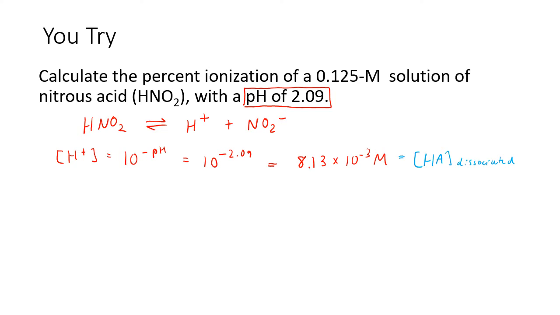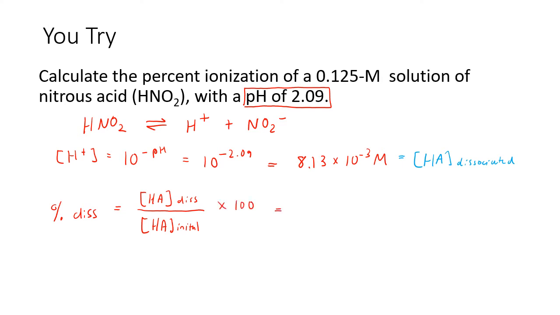So our percent dissociation is equal to the amount of our weak acid that dissociated, which is the same as the hydrogen ion concentration at equilibrium, divided by our initial concentration of our weak acid, and then times 100.